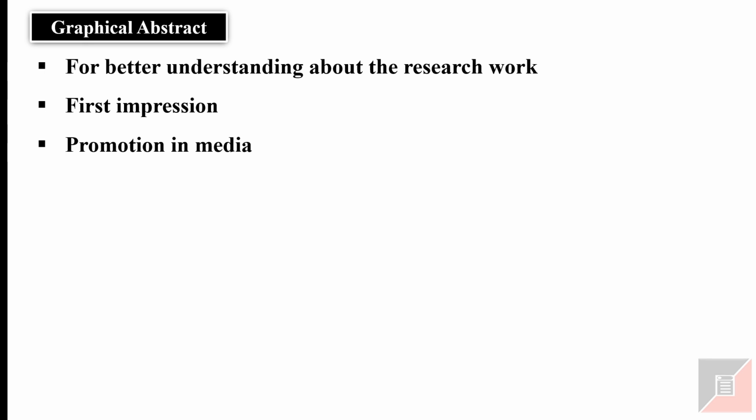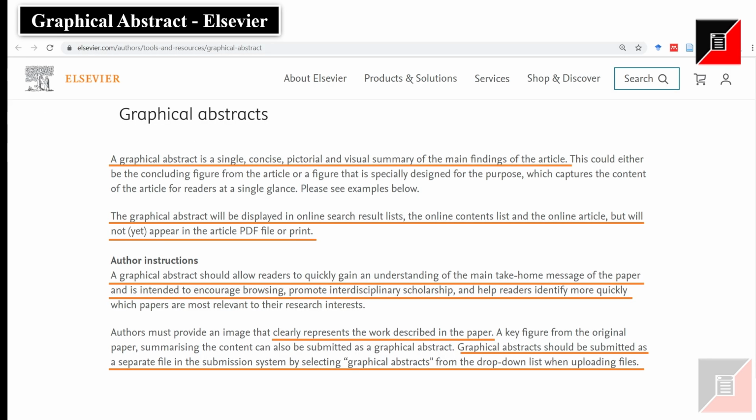On Twitter and LinkedIn, many researchers share the graphical abstract, telling that the article is published in this journal and this is the impact factor. When more people see your article on social media through the graphical abstract, it will be helpful to many researchers when we share it.